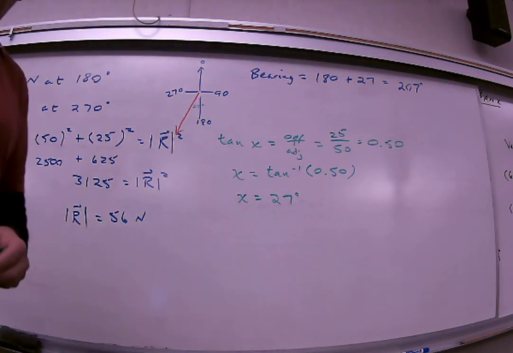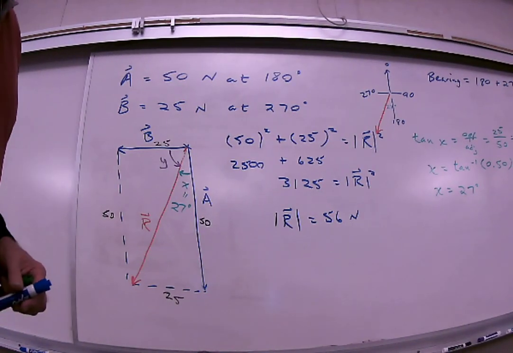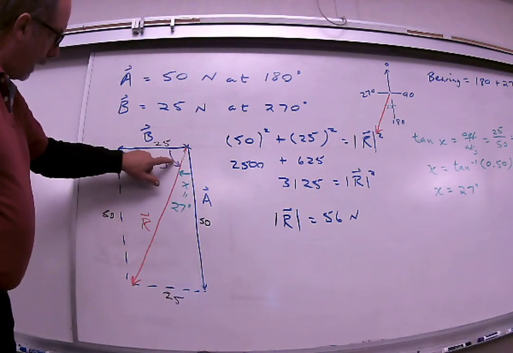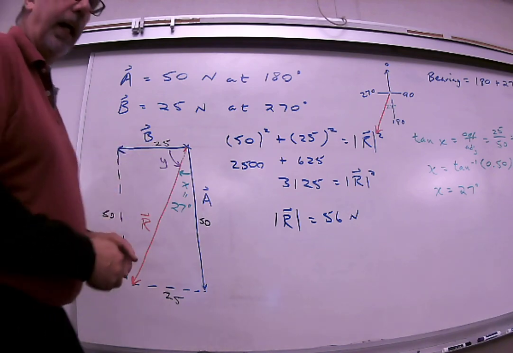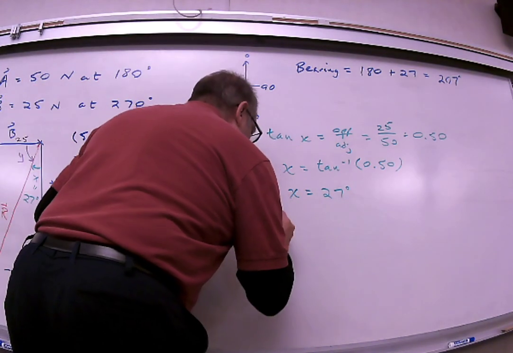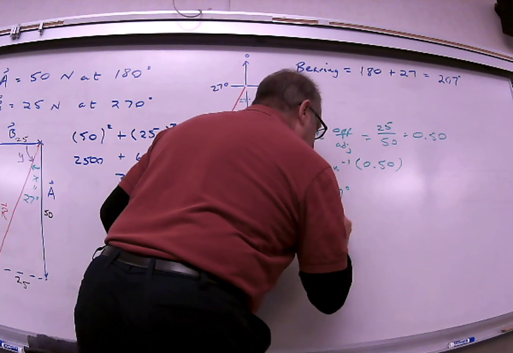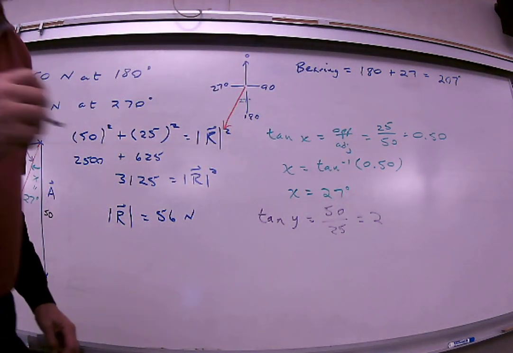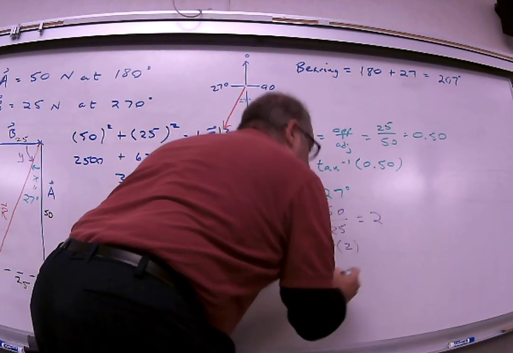Now, what would we get if we used angle y instead? Well, I'll do this in purple. So angle y is right here. Opposite is 50. Adjacent is 25. So the tangent of y, opposite over adjacent, is 50 over 25, which is 2. Y is then the inverse tangent of 2.